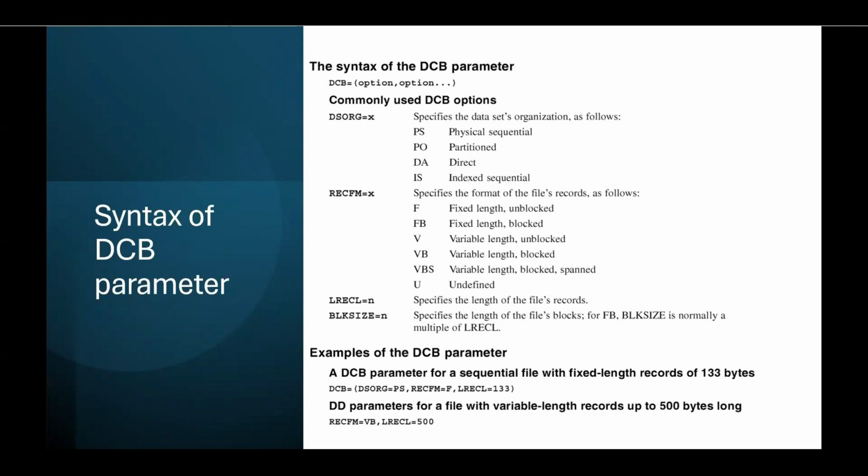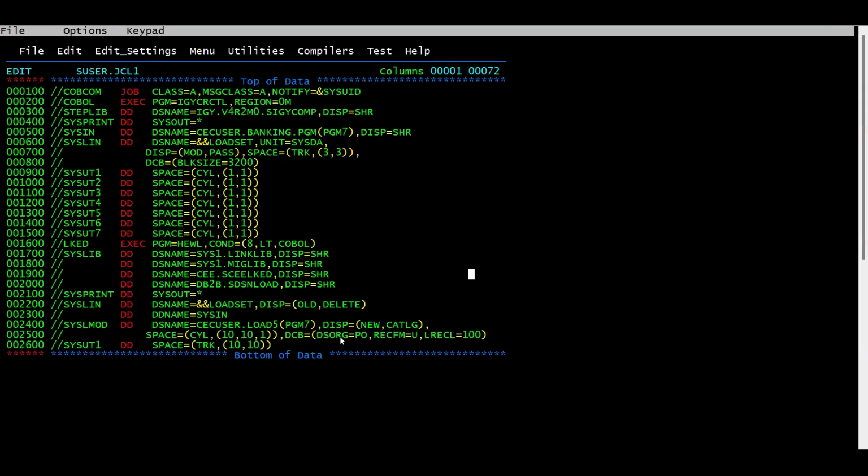PO means partitioned file, which is our partitioned data set, where you will have some directory blocks as well. DA means direct, IS means indexed sequential. So these are the organization parameters you will have: PS, PO, DA, IS. In my example, I have used PO because I want to create a partitioned organization file, and I have provided some directory blocks.